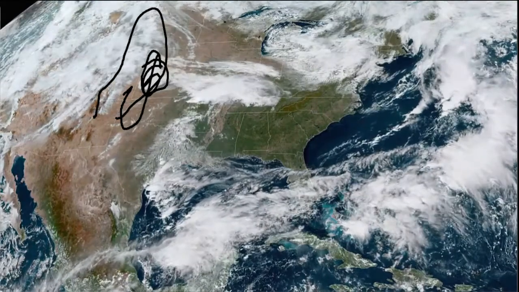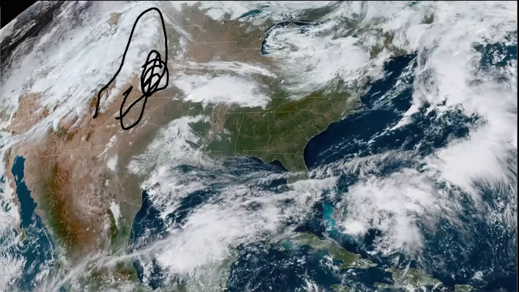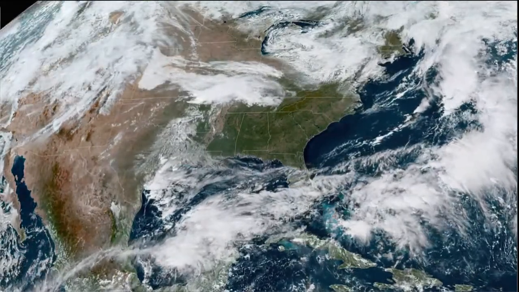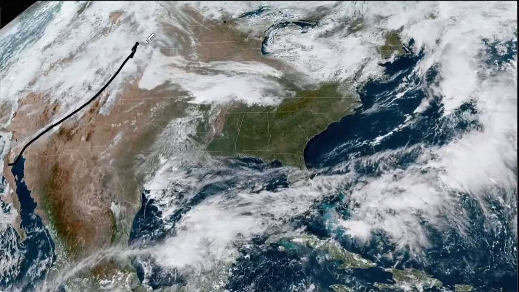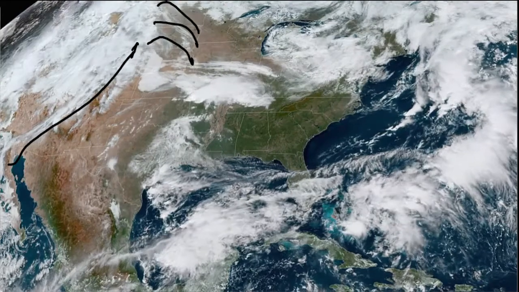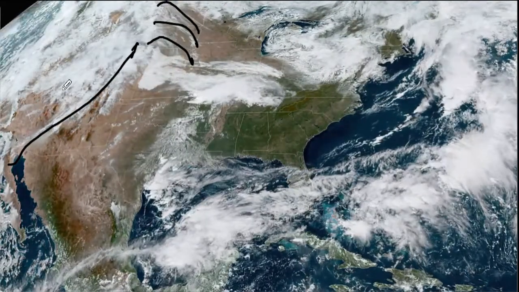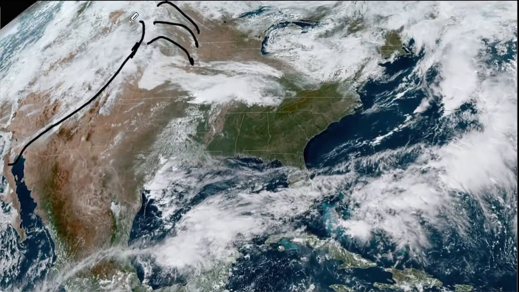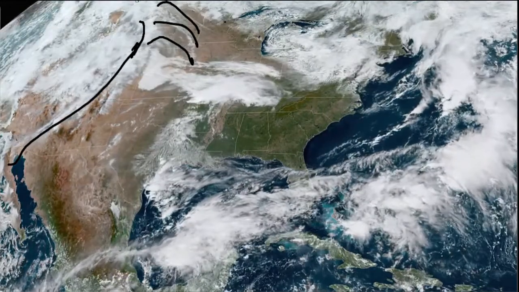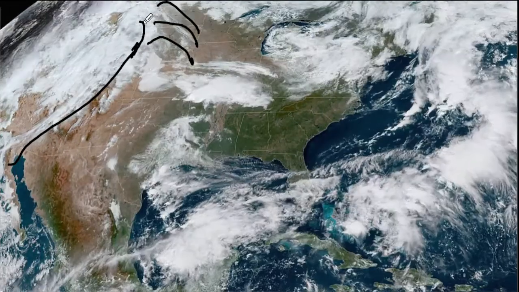If I'm looking at these features here, I'm going to start looking at this, and then follow that up. I see some ridging here. Looks like cirrus pouring over the ridge. Follow that and look for some rotation. So, do we see any?